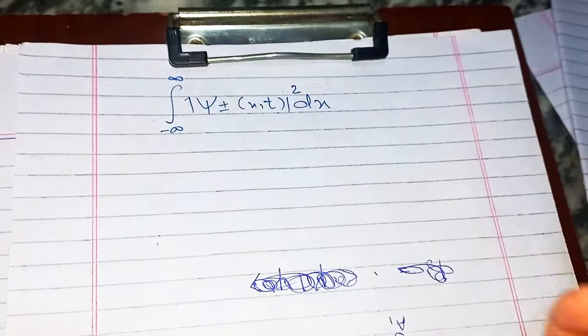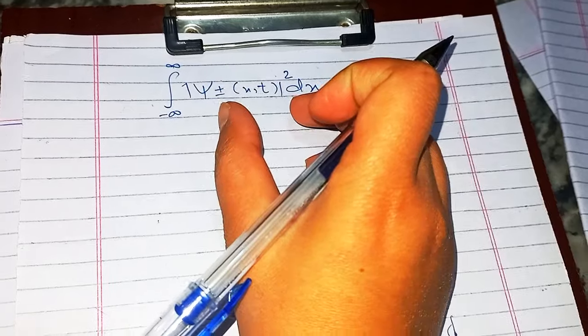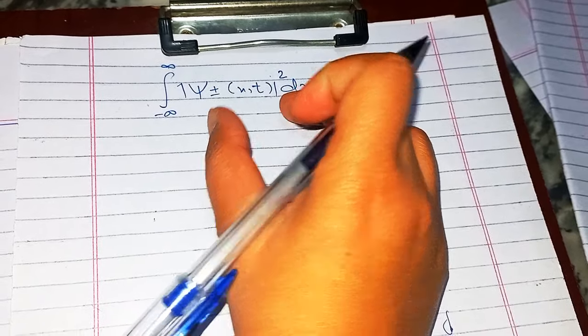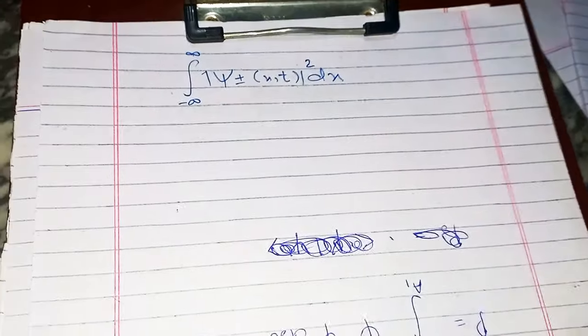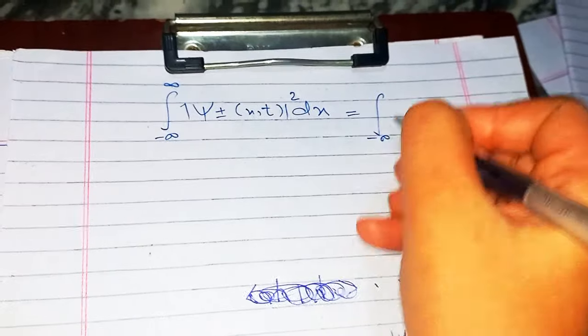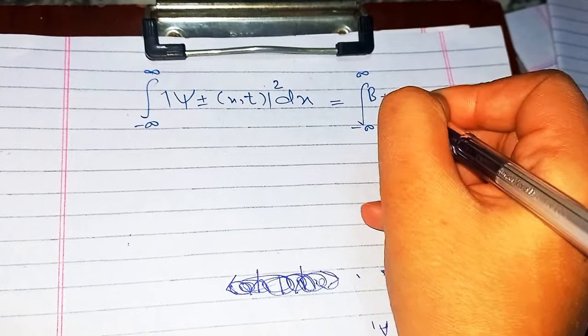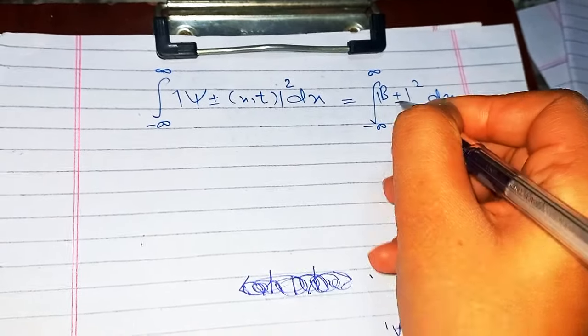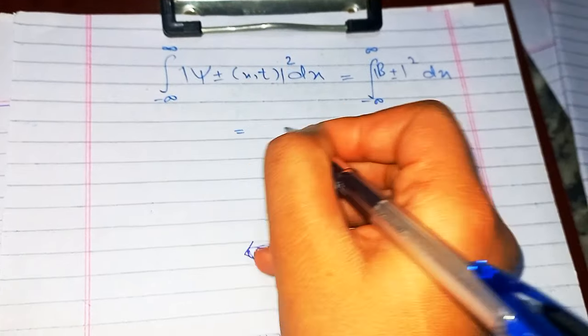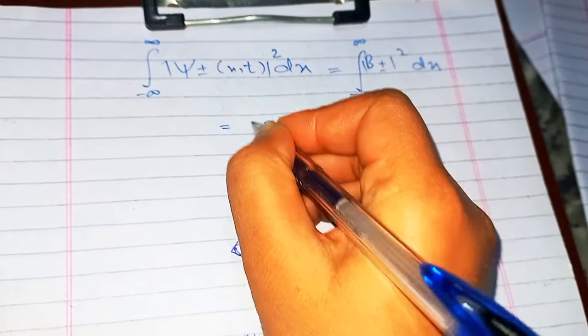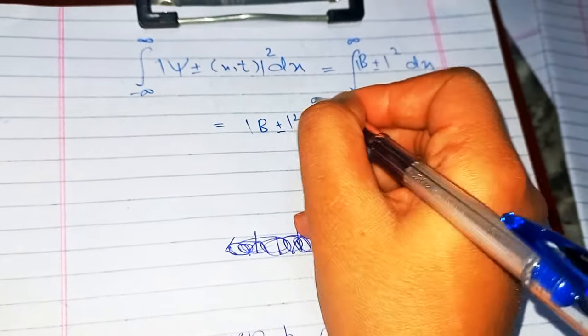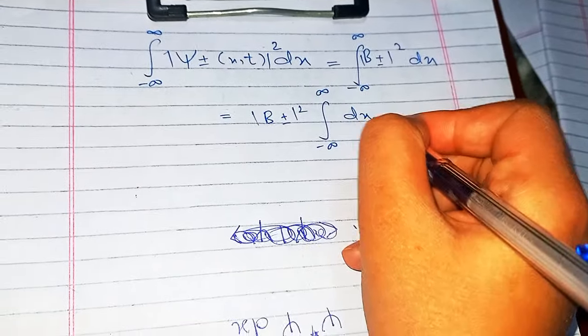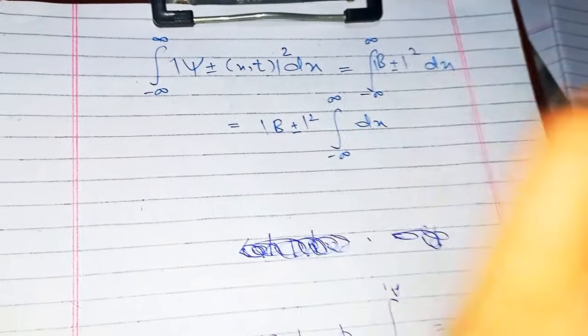We take the integral of the probability density function from minus infinity to plus infinity. Since this is equal to plus b plus minus whole square dx, which is constant and doesn't depend upon x, we can take it outside of this integral, and we are left with the integral from minus infinity to plus infinity of dx, and this integral diverges.